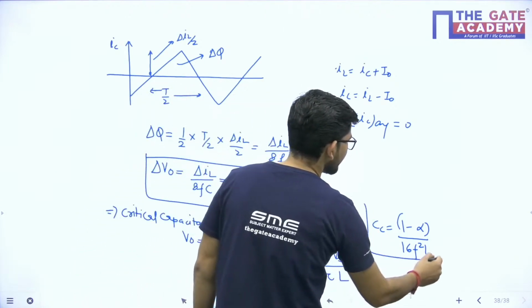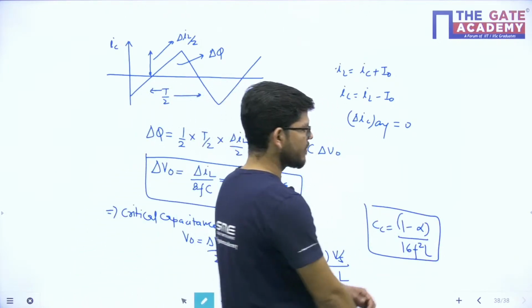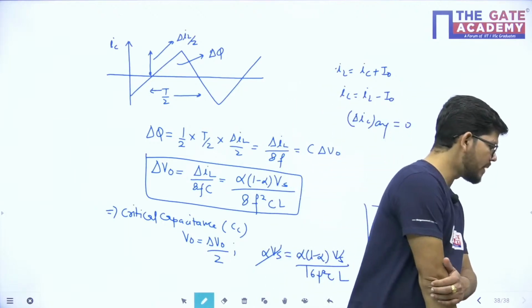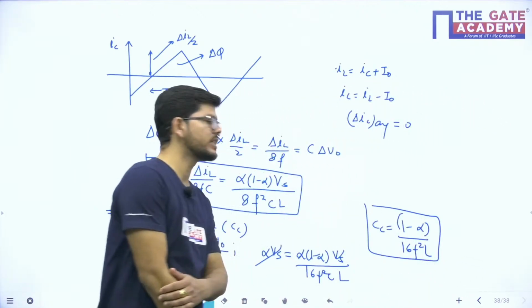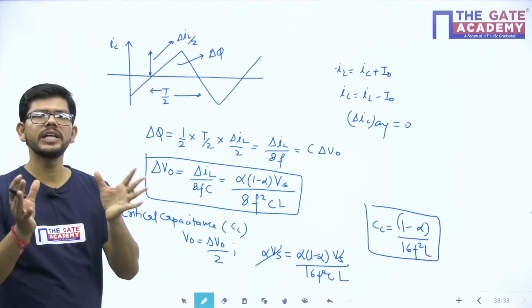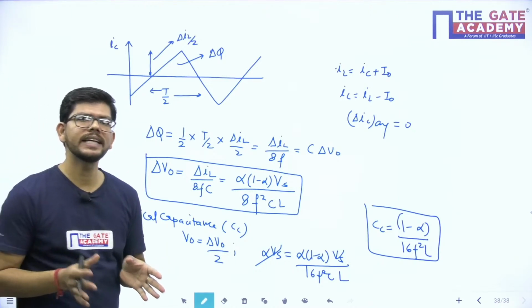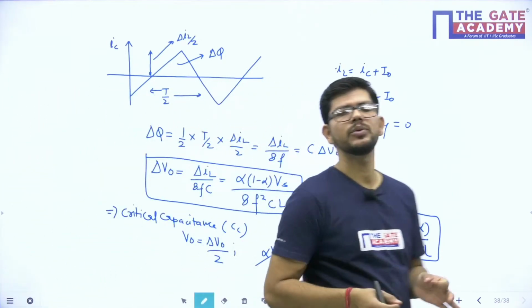So this will be the value of critical capacitance in case of a buck converter, (1 minus alpha) upon 16 F square L.